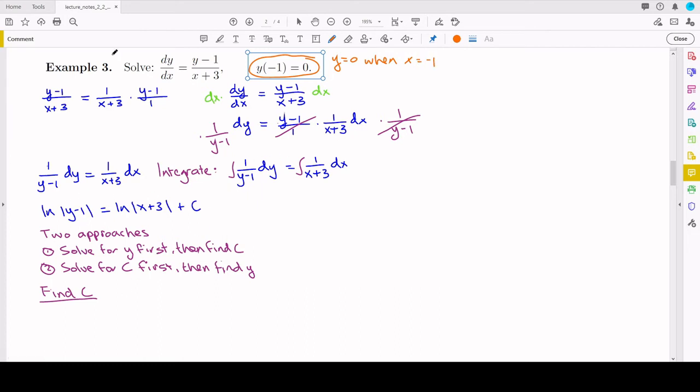So we're going to take the implicit solution that we have so far and plug in those values for y and x.